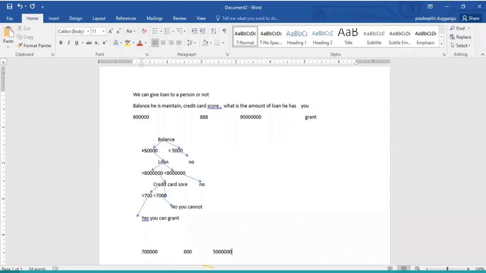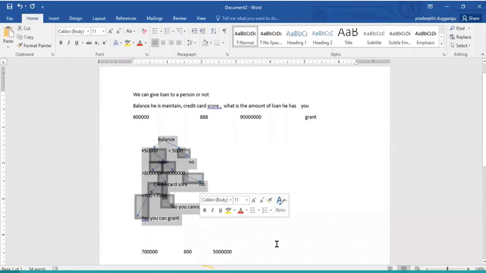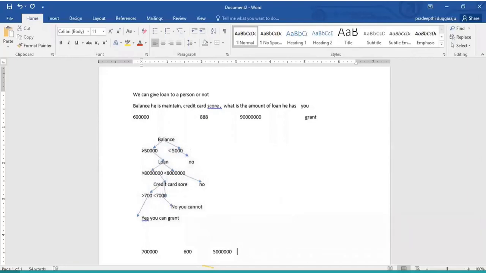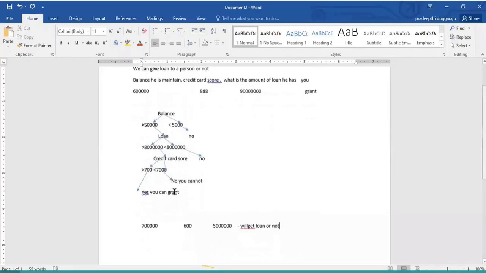Now, a person's data is in this way. From this tree, you people tell me whether this person will get a loan or not.